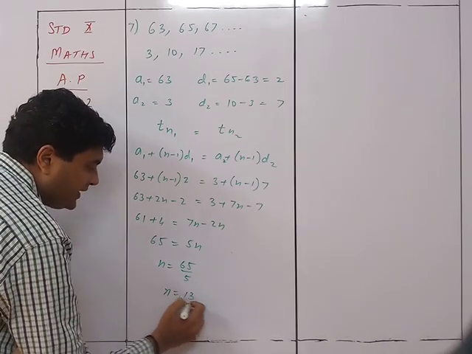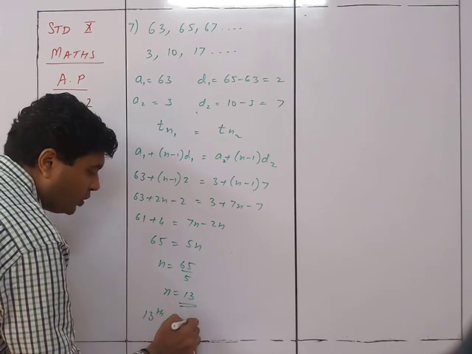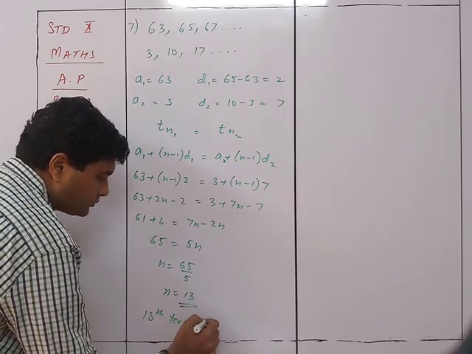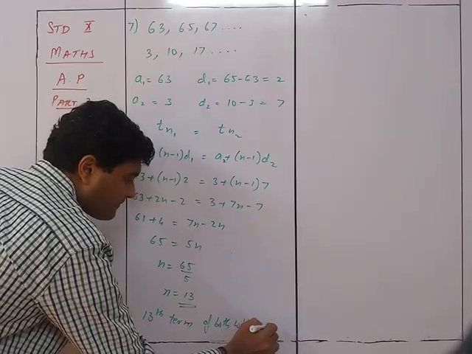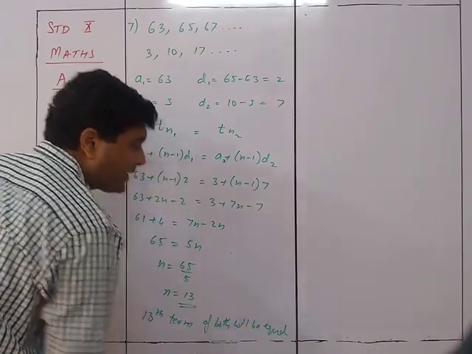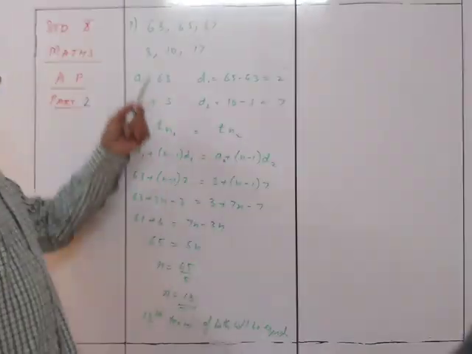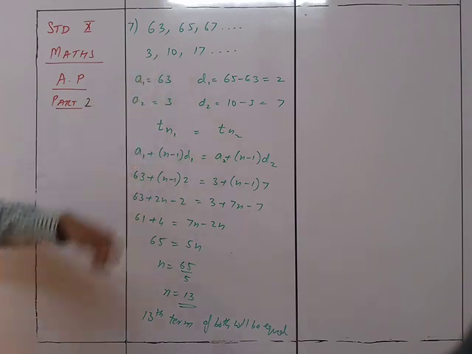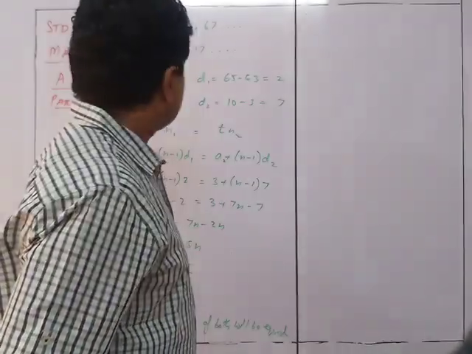So the 13th term of both will be equal. Okay, so that was the answer: the 13th term of this AP and this AP would be the same. That was sum number 7.